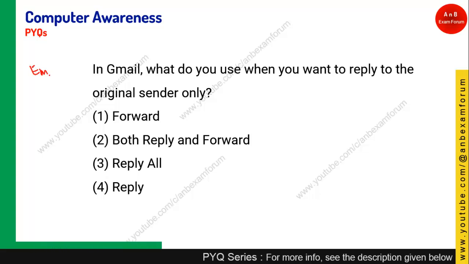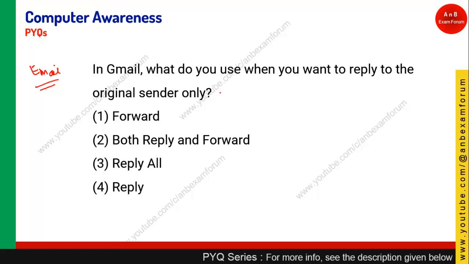It is from the chapter email. In Gmail, what do you use when you want to reply to only the original sender? In the email chapter we have seen such scenarios, where we learn what terminology is used for what. Forward is used to forward to some other person, so this is incorrect.